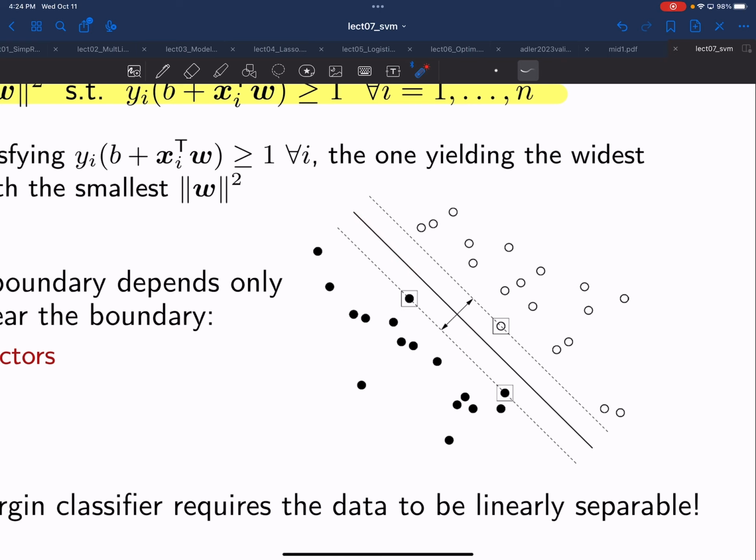Just kind of visually, if you imagine moving that line around to maximize the width of the street, at the end of the day, you're gonna use these 3 points, and you're gonna ignore all the other points. All the other data samples are ignored. So this whole design basically hinges on these 3 samples.